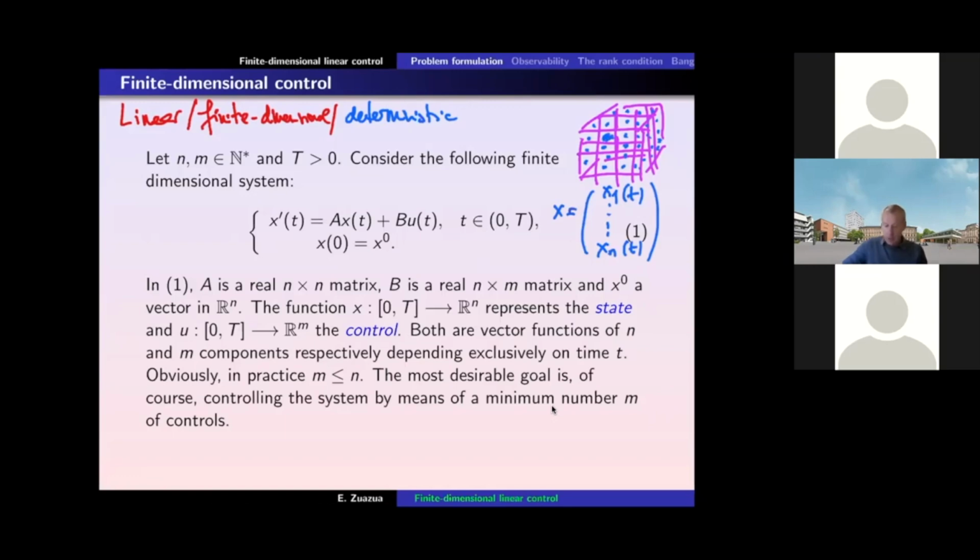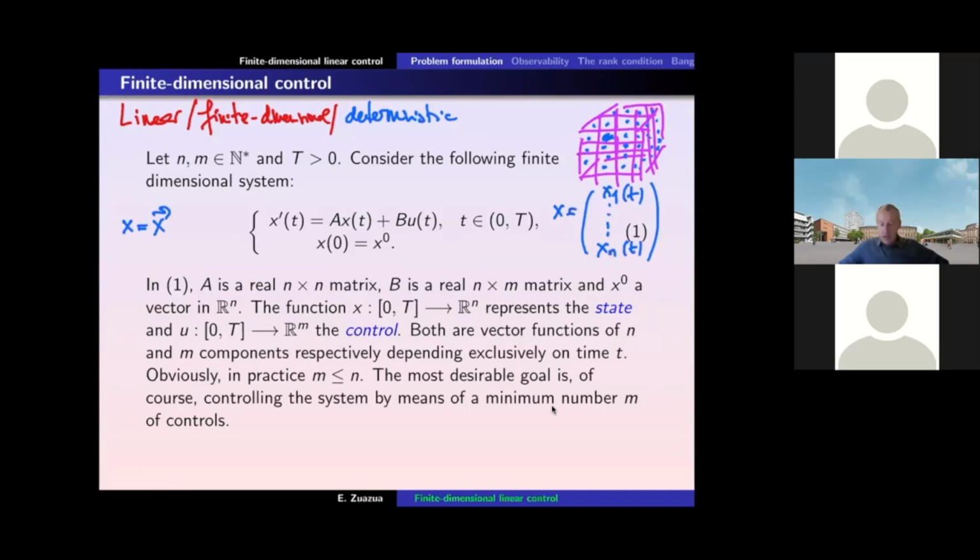So in this way, I will have a finite dimensional system in which the state x, I will not denote it by a vector, just to simplify the notation, but it's of course a vector of n components.